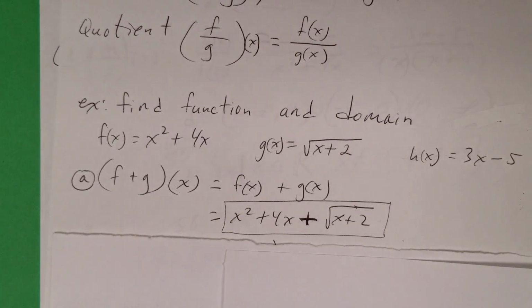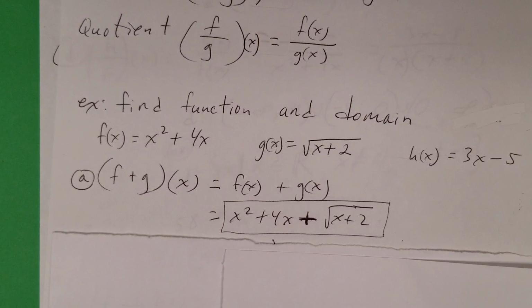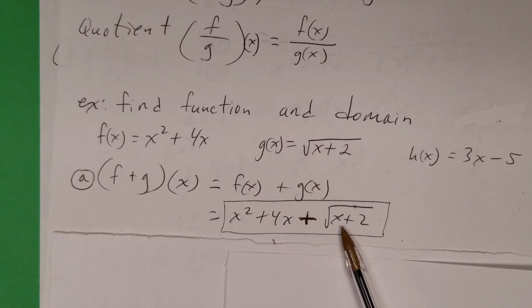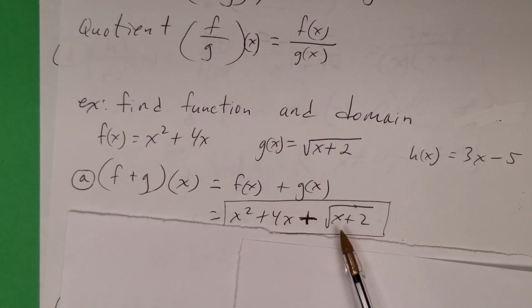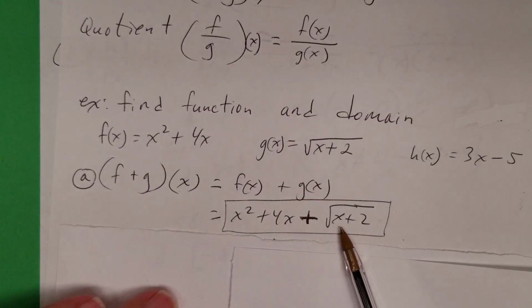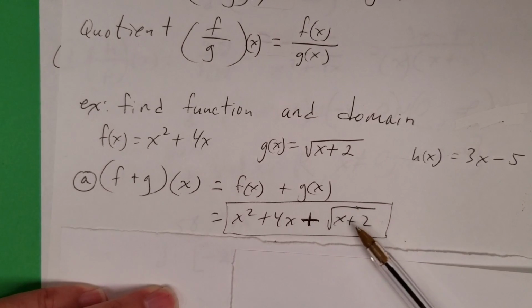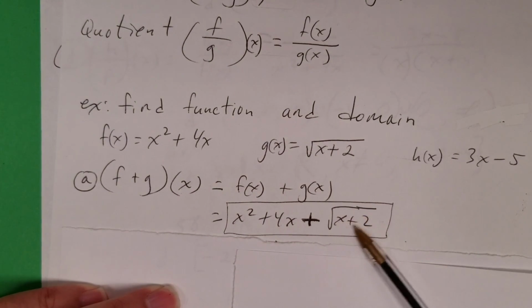Now we also want the domain. So remember, for the domain, we really only have to worry about when we have fractions and radicals. Fractions can't have 0 in the bottom. Radicals can't have negative on the inside. Oh, look. x is fine here, but we cannot have a negative come out to here. So what would make the inside of this radical negative?